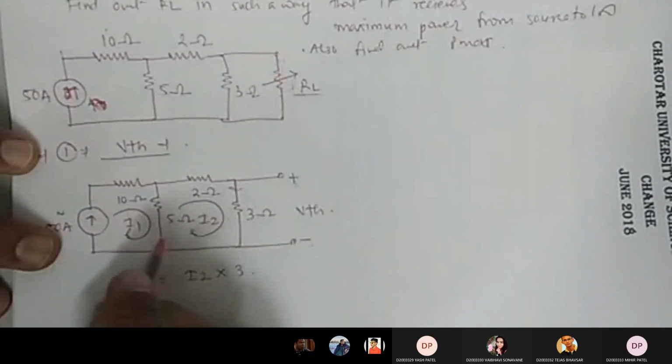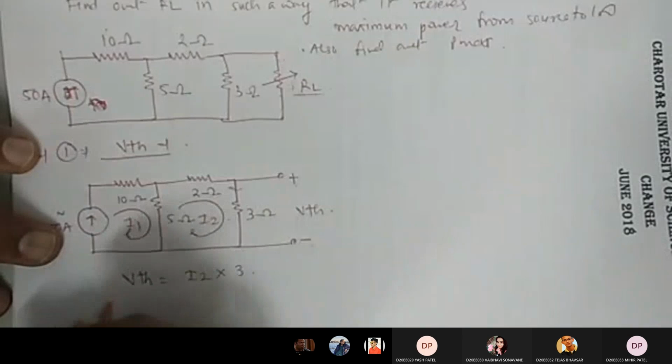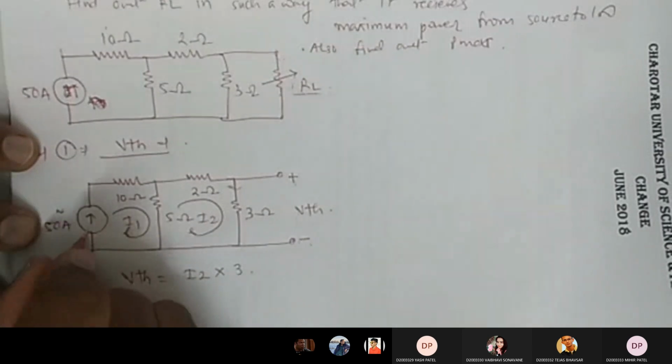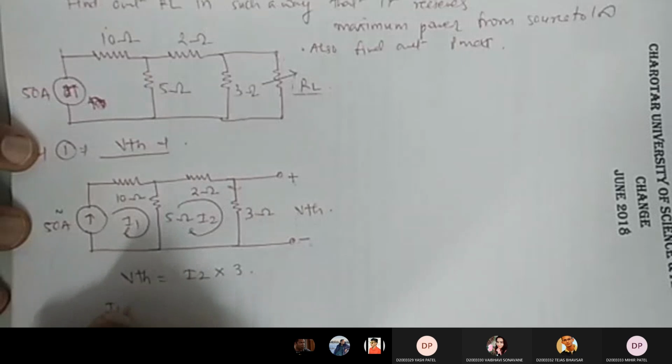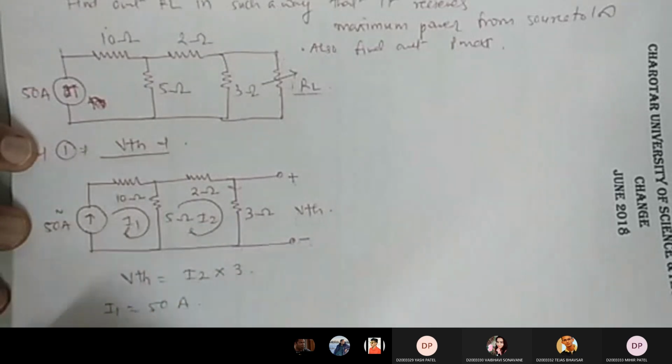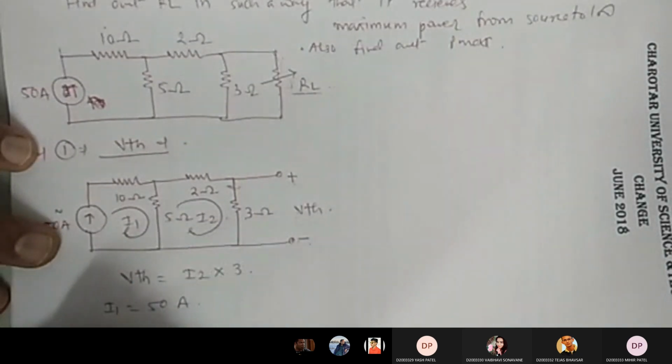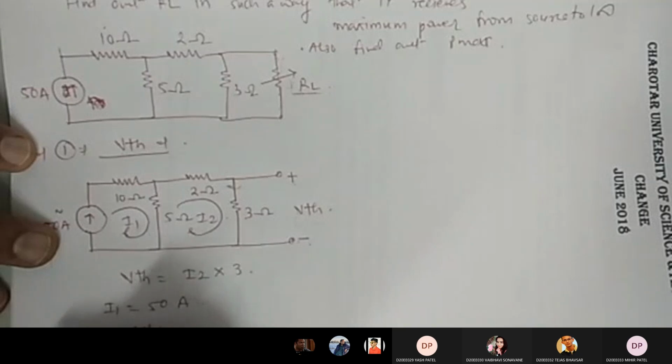So how can we find I1 and I2? With the help of mesh analysis. But you can see over here it is a mesh current. I1 is already given, that is 50 ampere. So I will apply KVL in mesh 2.